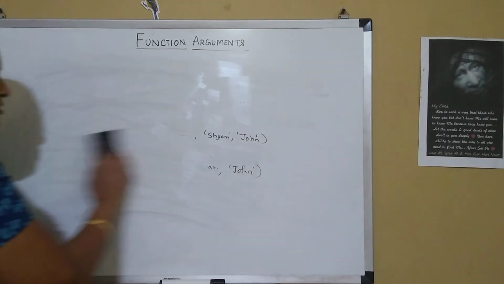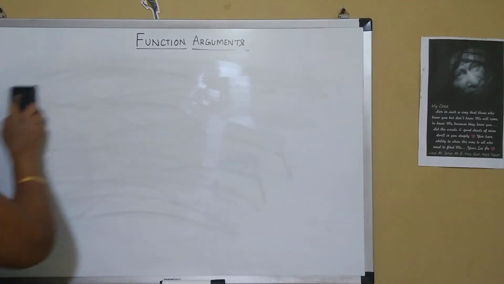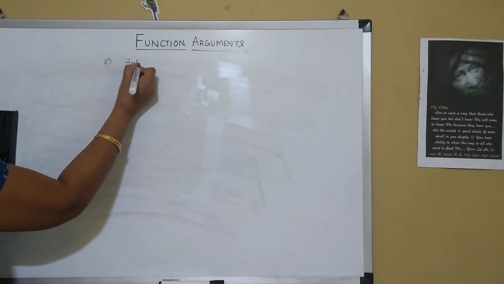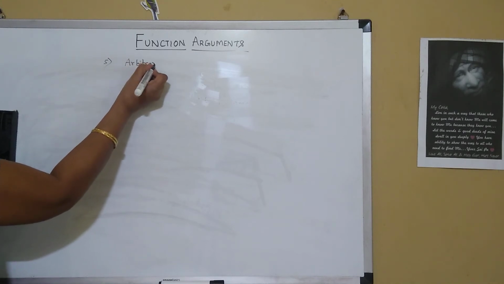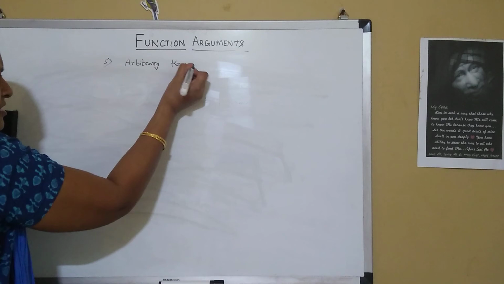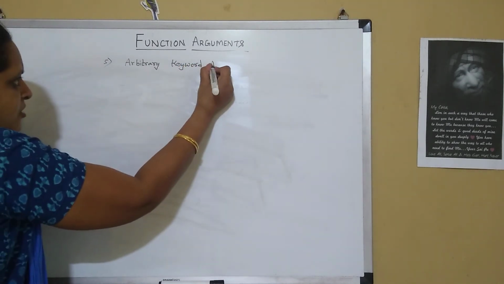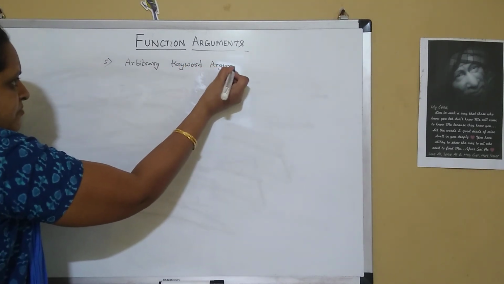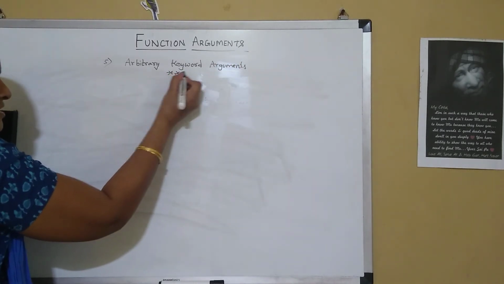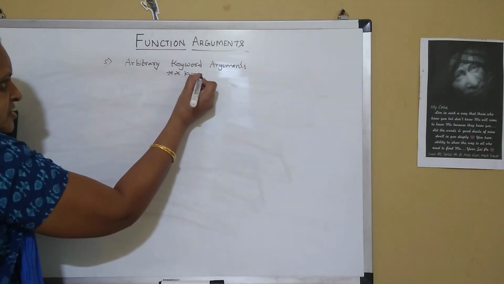Now let's move on to the fifth type, which is arbitrary keyword arguments. It is prefixed by 2 stars, KWARGS.